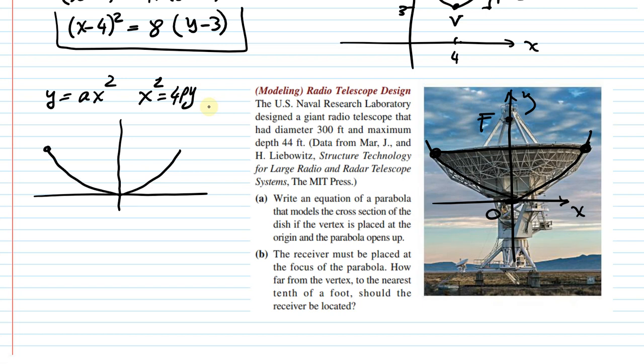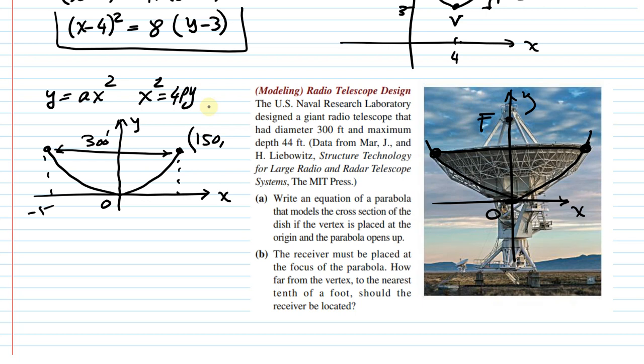So that would be our dish, right? And here's 0. Because it's 300 feet across, from here to here is 300 feet. So by symmetry, the coordinates of this point would be 150.